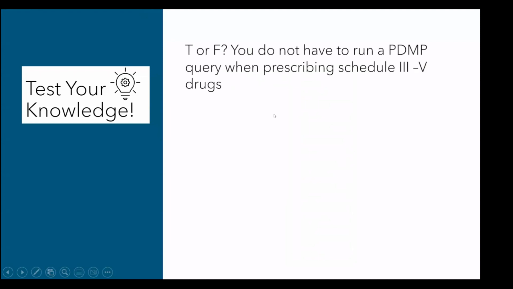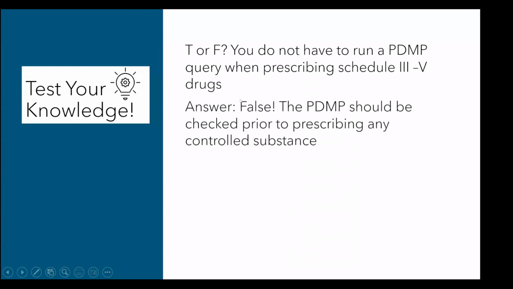So now it's time for another test your knowledge. True or false? You do not have to run a PDMP query when prescribing Schedule 3 through 5 drugs. Answer: false. You just talked about that.